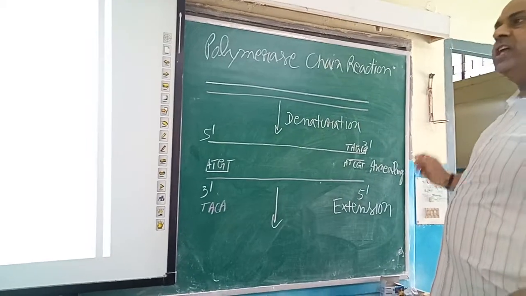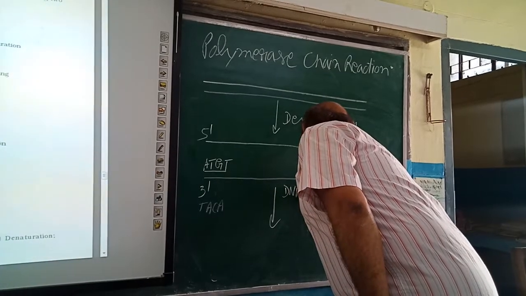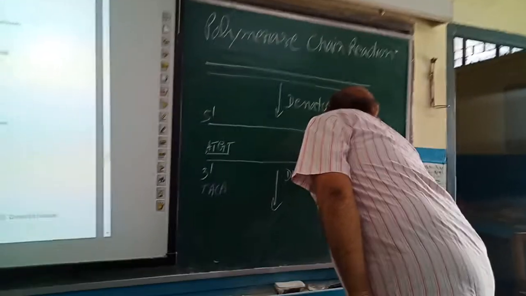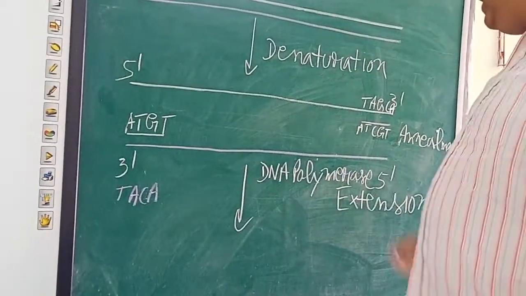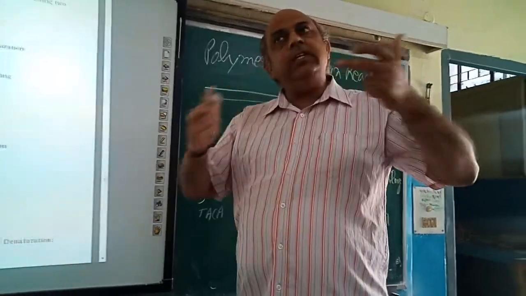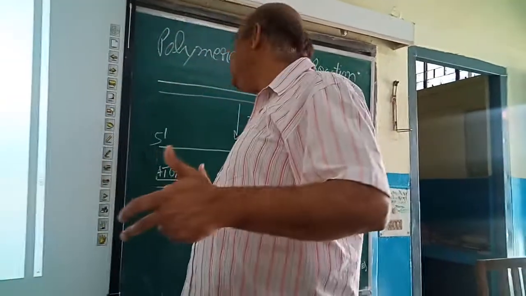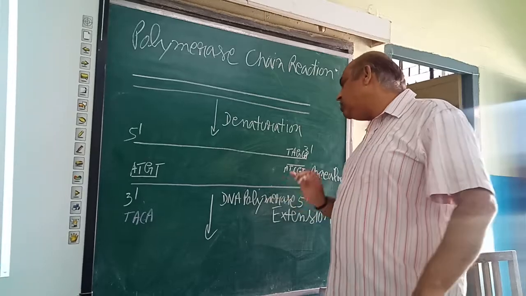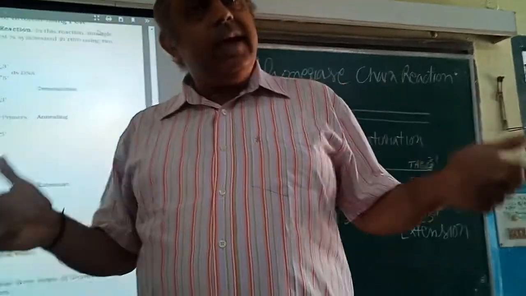For the purpose of extension, we require a DNA polymerase enzyme. DNA polymerase is the enzyme responsible for the polymerization of deoxyribonucleotides. If it is not present, there can't be synthesis of new DNA. But we can't use DNA polymerase from any source.